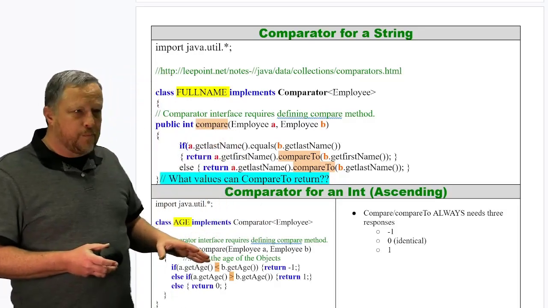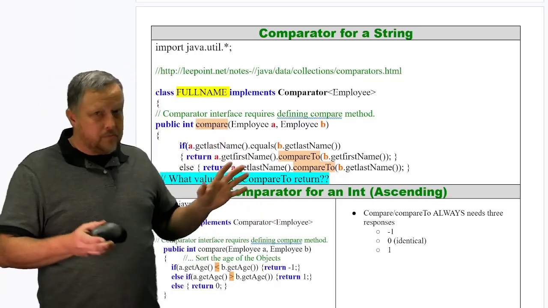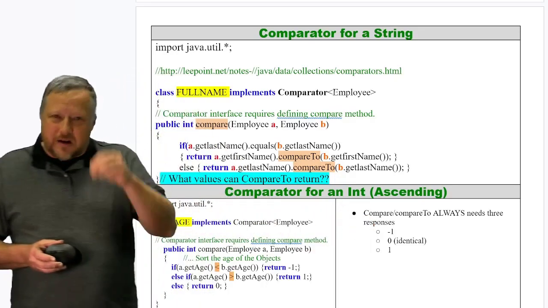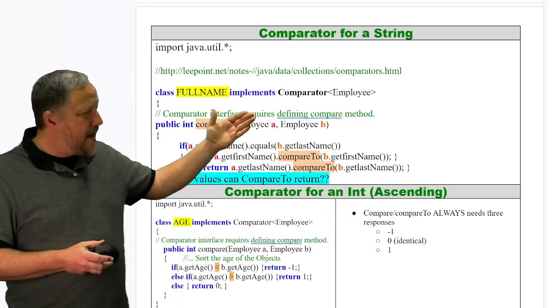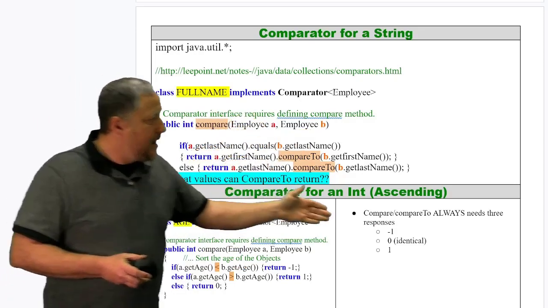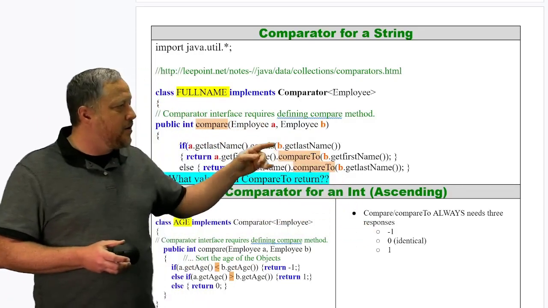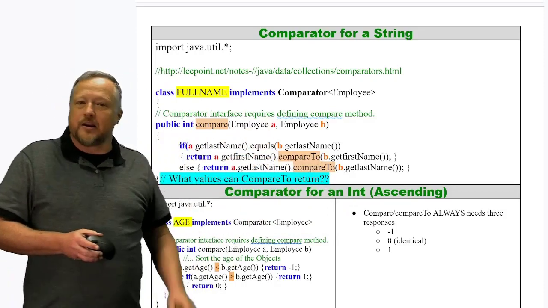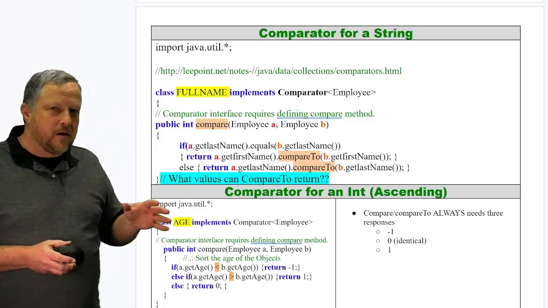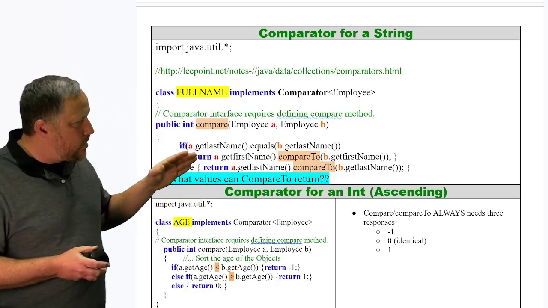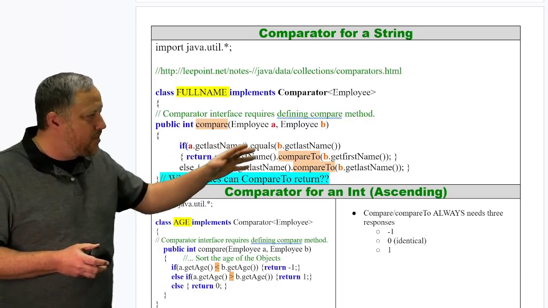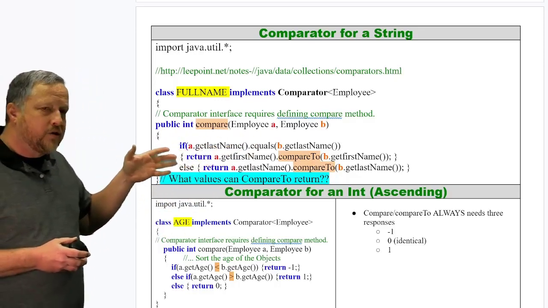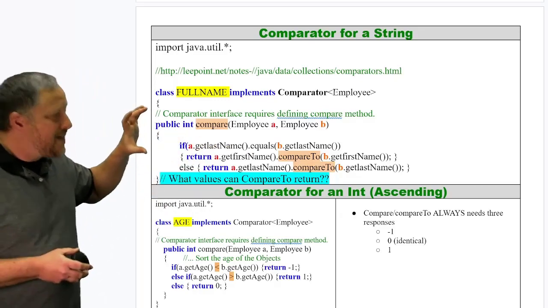We had two objects of employees that were exactly the same, and that sounds weird, but hey, it could happen. A -1 means that A needs to go before B, and then a 1 says, hey, you know what, these are in the wrong order, let's swap A and B in the order that they were given. Now remember, the game plan is that we are looking at our first name and last name, so that's how this is being ordered. So your game plan or your design on exactly how you wanted to sort is here.